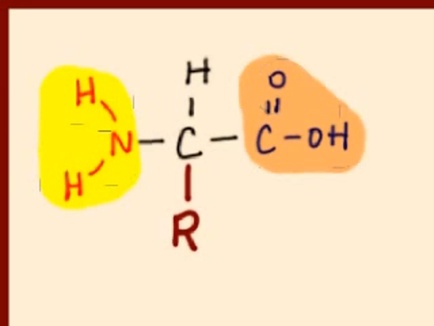This carbon here, we call this the alpha carbon, and this side, this R here, or this side chain, is called the R group, or the side chain.